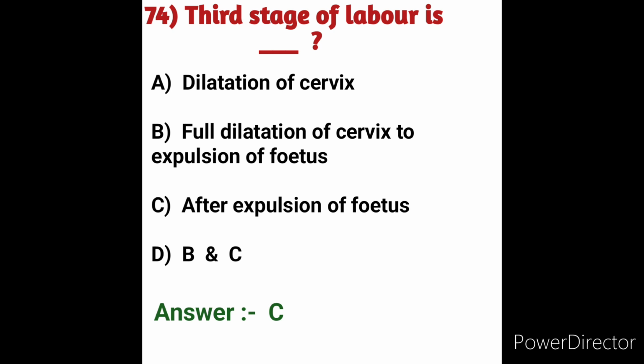Option D, B and C. The answer is option C. Also, stage 4 will be there in labor, that is the observation. Option C is the correct answer, after expulsion of fetus to expulsion of placenta.